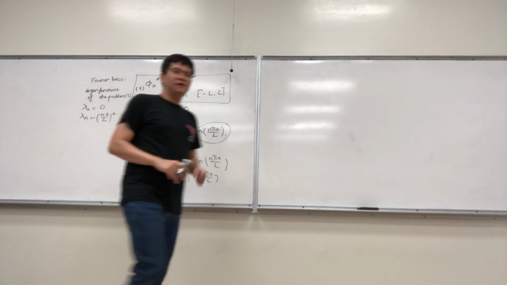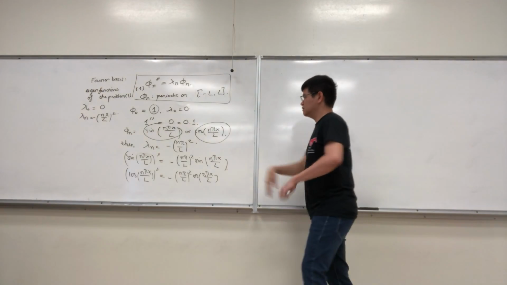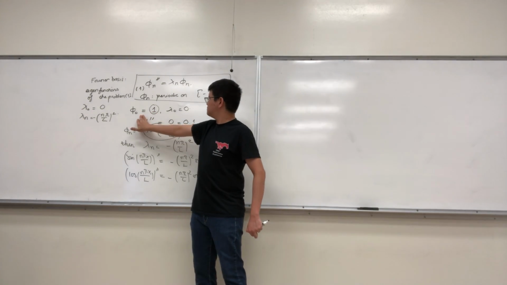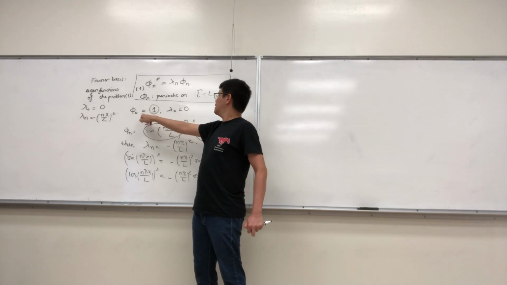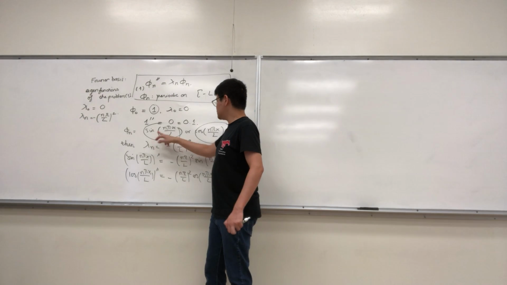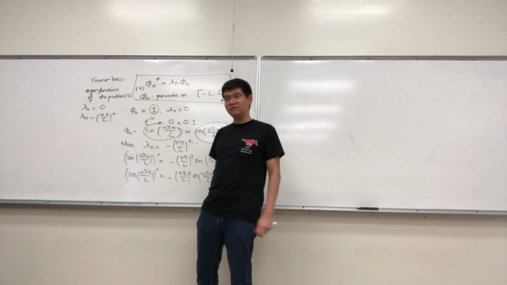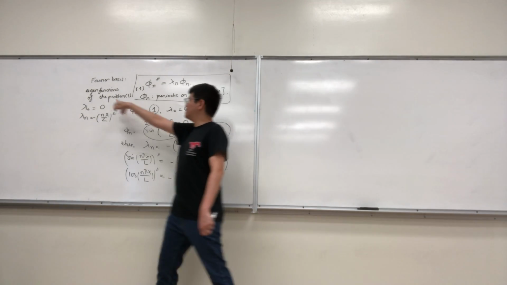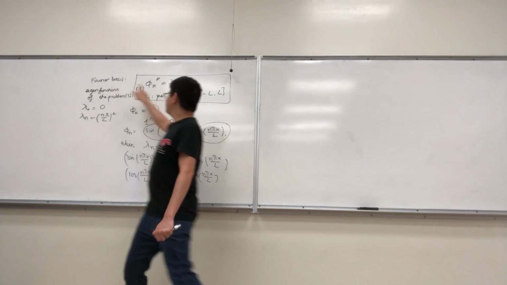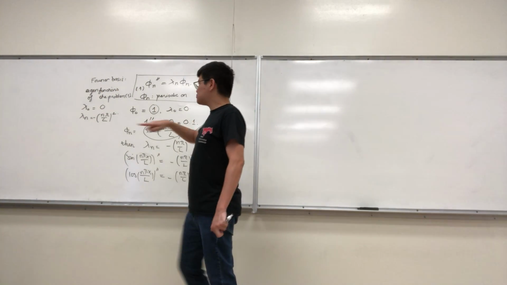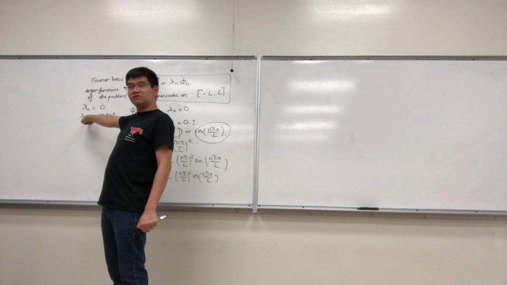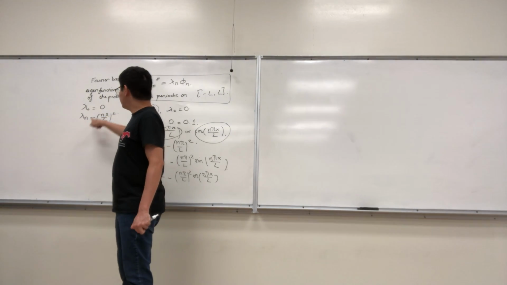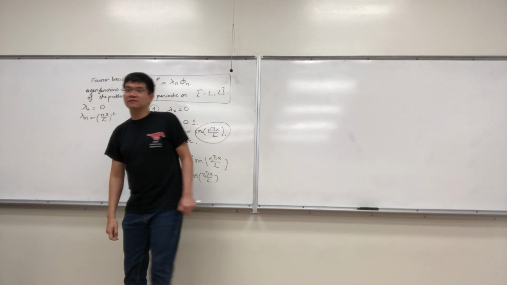Right? So basically the Fourier basis, composed of the function 1 and the functions sine and cosine of n pi x over L, are eigenfunctions of this problem with respect to the eigenvalue 0 or the eigenvalue minus (n pi over L) squared, right?